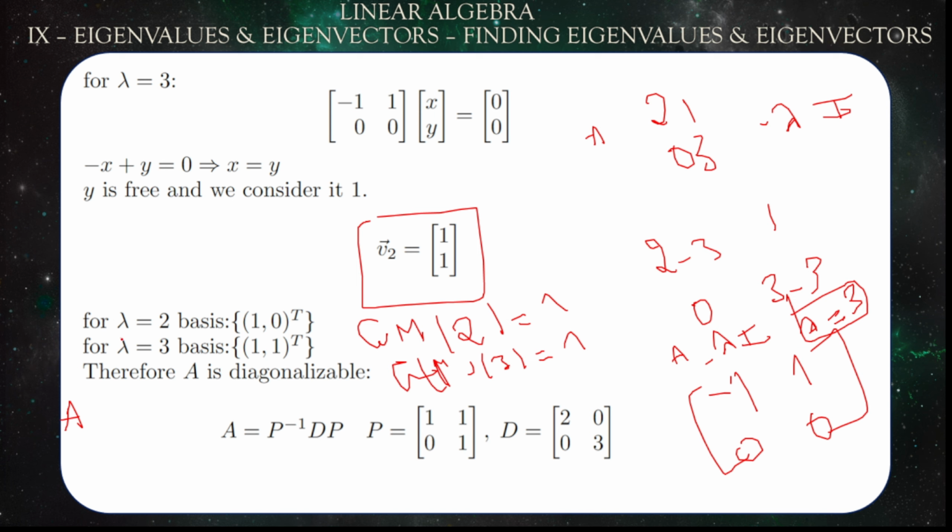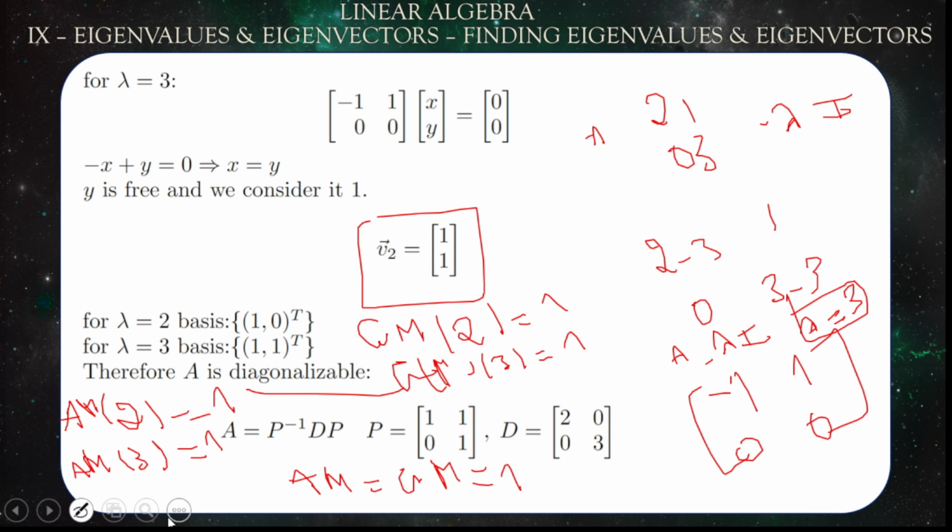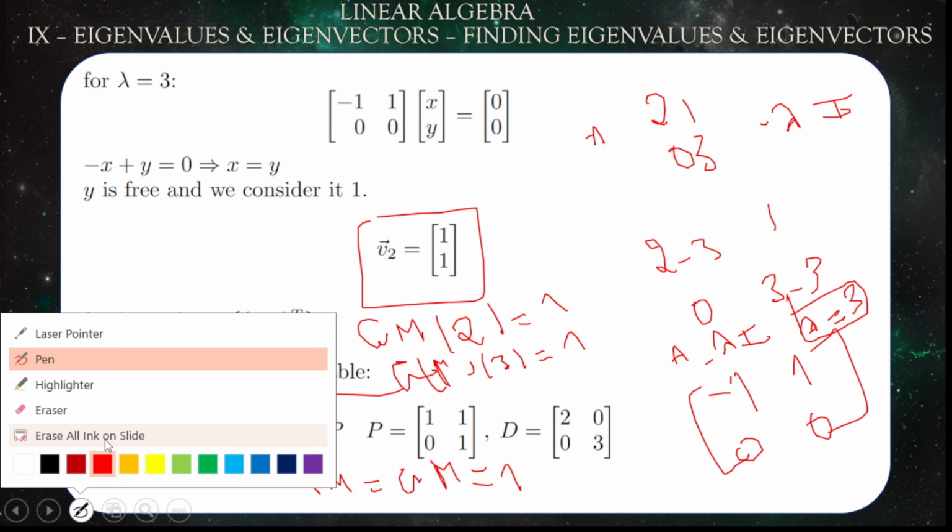Here we have only one root for 2 and 3, so am of 2 is equal to 1. You don't have a double root or a repetition. And am of 3 is equal to 1. So am is equal to gm equal to 1 for both roots, for 2 and 3. Therefore, A is diagonalizable. This is how we draw the conclusion.